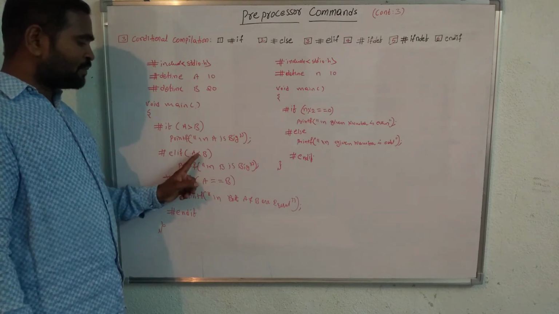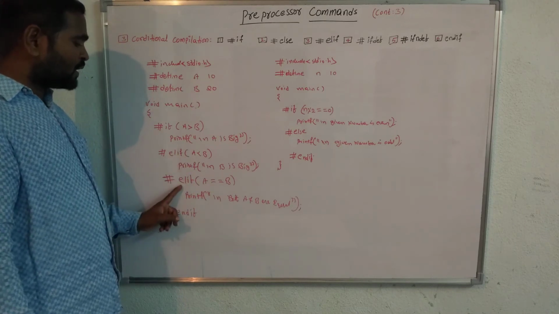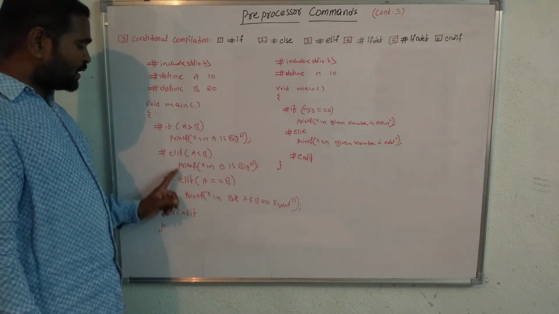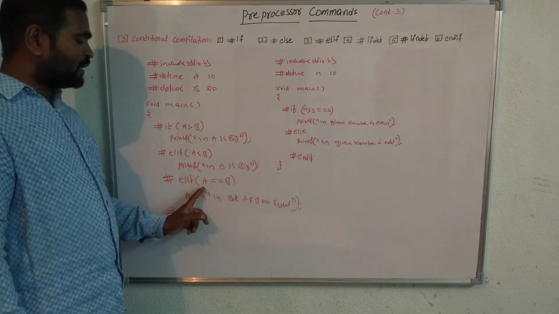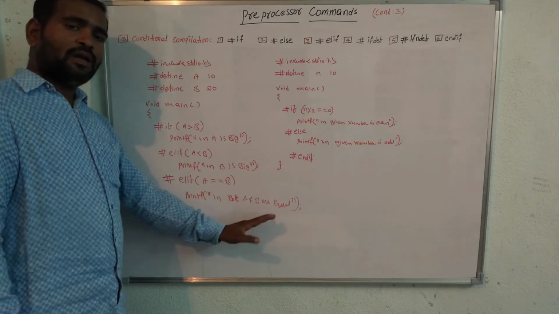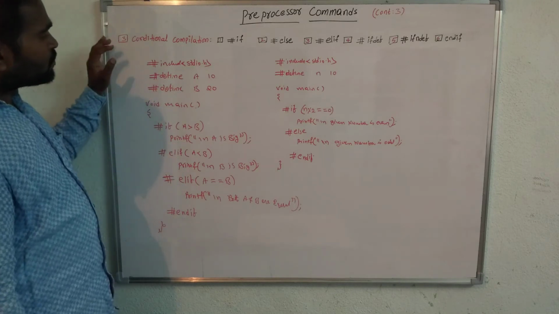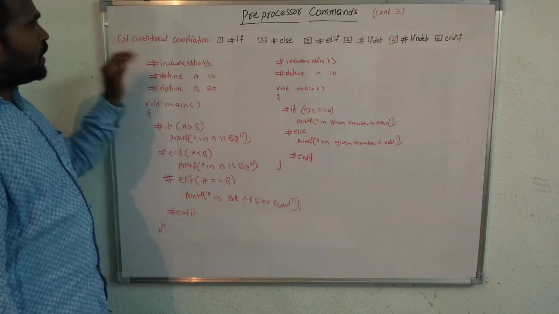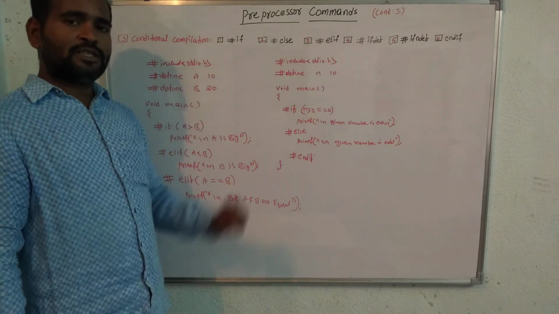If a is less than b, then b is big. If that is also not satisfied, go for another condition, and at that time you must use the #elif statement. Here a equal to b, then both a and b are equal. So this is the thing for #elif statements. The #elif statement is especially meant for multiple conditions.